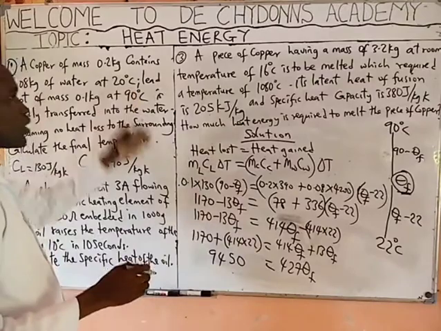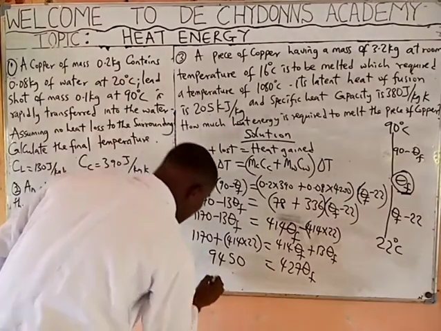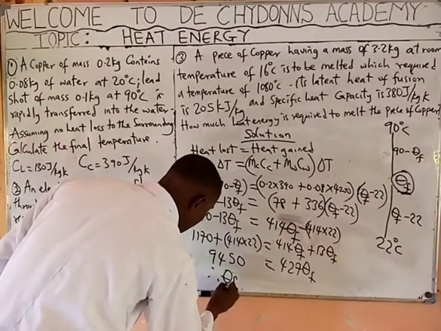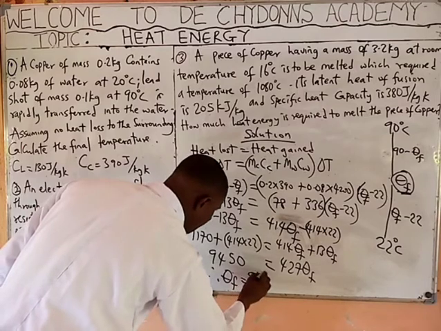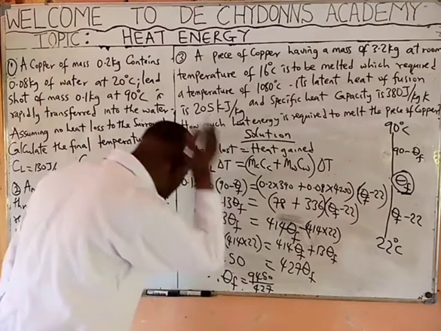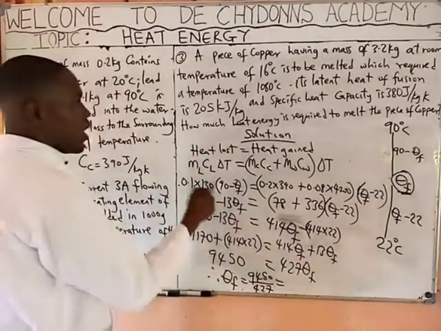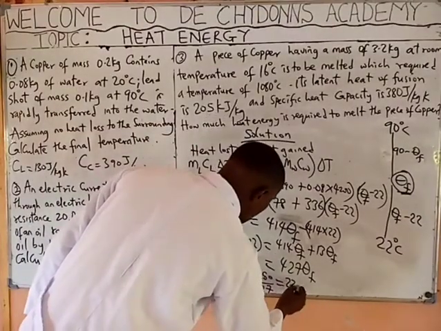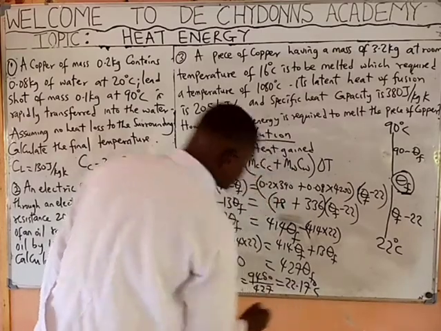Therefore theta F will be equal to 9450 all over 427. When you divide, it will give you 22.17 degrees Celsius.